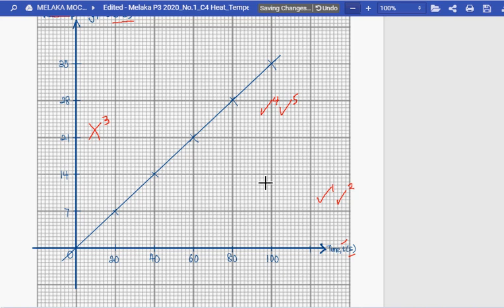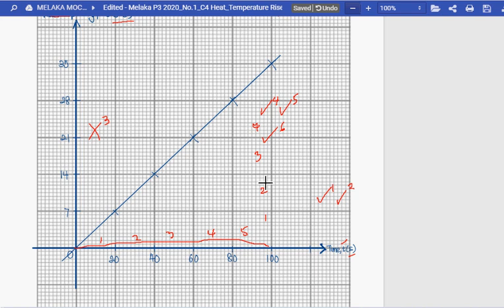Tick 5. Next one, is this a best fit graph? Yes, this is a best fit graph, tick 6. And then what about the size? Is it 4 times 5? We can count here 1, 2, 3, 4, 5, and then going up 1, 2, 3, 4.